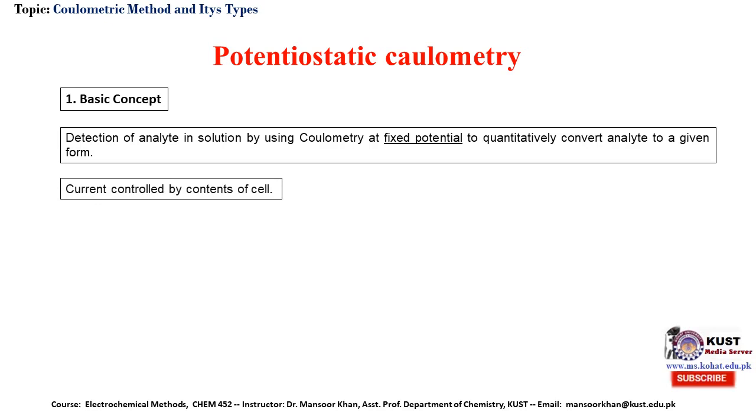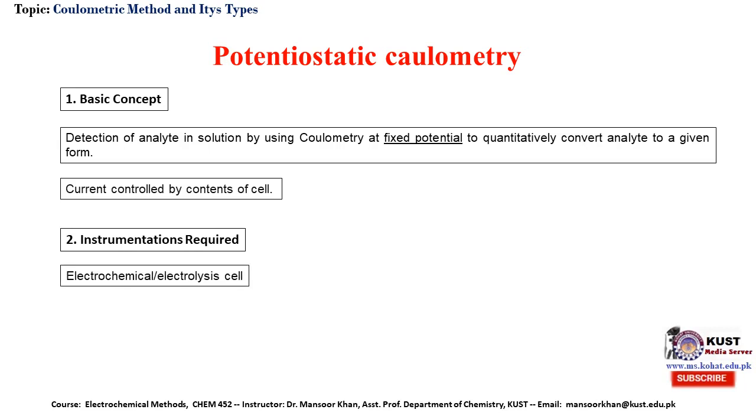In this method, the current is controlled by the content of the cell. Instrumentation includes an electrochemical cell, which is an electrolysis cell. This is also known as an electrolytic cell, which we have discussed in our previous lecture in detail.